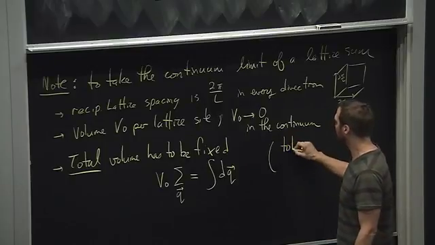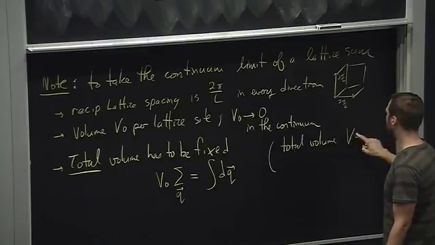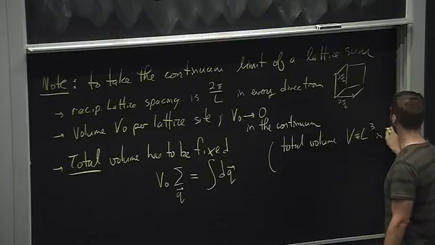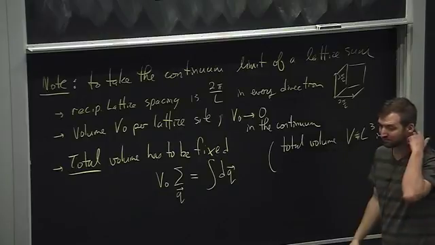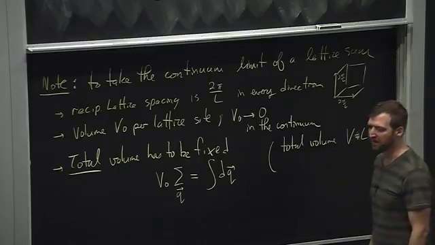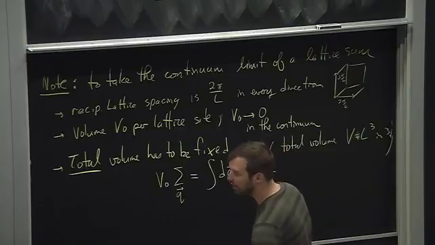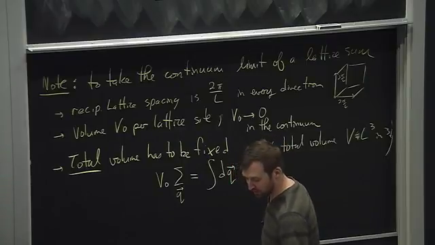So total volume, say V in 3D, is just L cubed. What else? There's a density of states. It's volume over 2 pi cubed. I don't know if that matters. So I have lattice Fourier transforms.